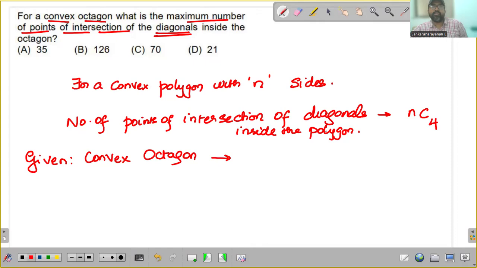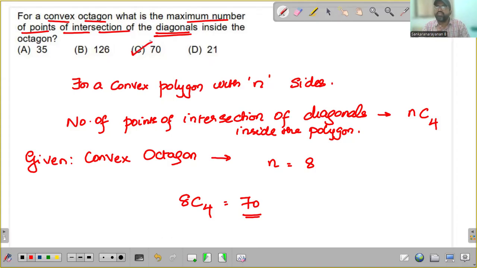In this case, octagon means n is equal to 8. So my answer will be 8C4. Make a note of this. 8C4, when you calculate, comes as 70. So option C, it reads 70.